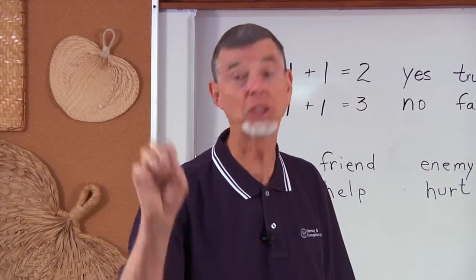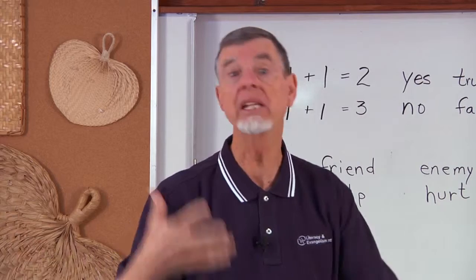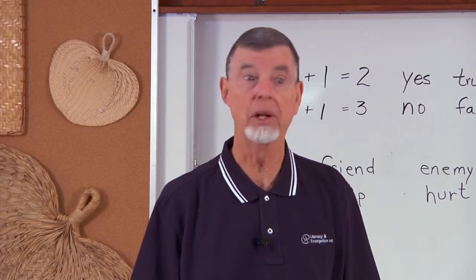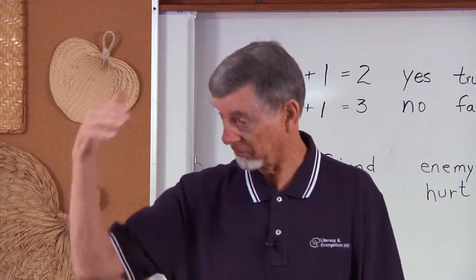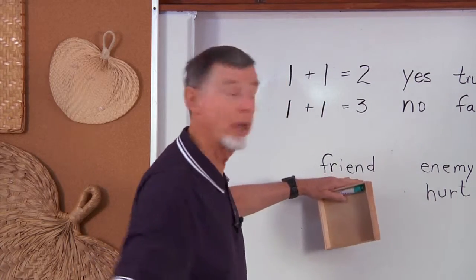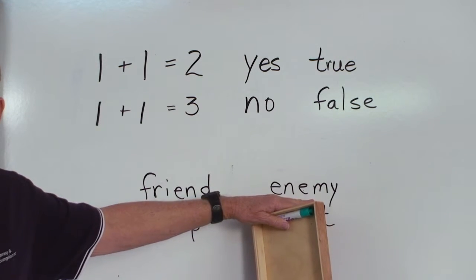They'll get it. In fact, your students will probably come from a country where they have seen what an enemy is already, and you won't have to do much to demonstrate it. Then you have them repeat, just like a vocabulary word, friend, enemy.